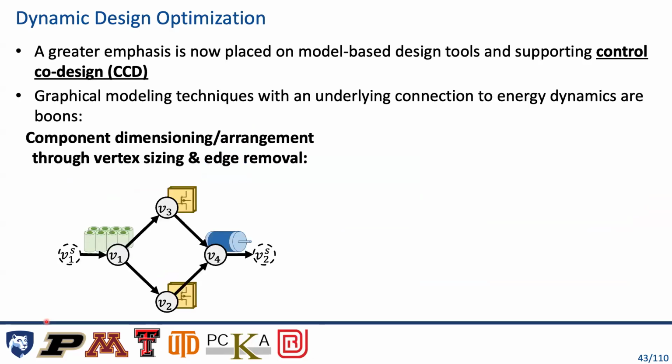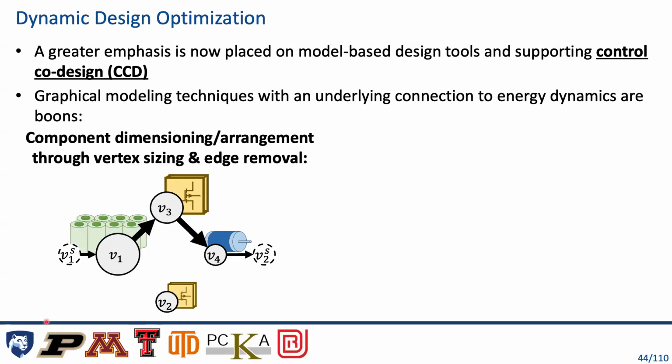So on one half, if you're going to do, let's say, component sizing, you're trying to select where you should place your components or how many you need, you can associate these with features of a graph, right? If you're trying to size a component, that's related to your vertex sizes or your capacitances. It's related to your edge thickness, if you want to say. And if you're trying to decide if you need a component or not, you can take out those edges as well.